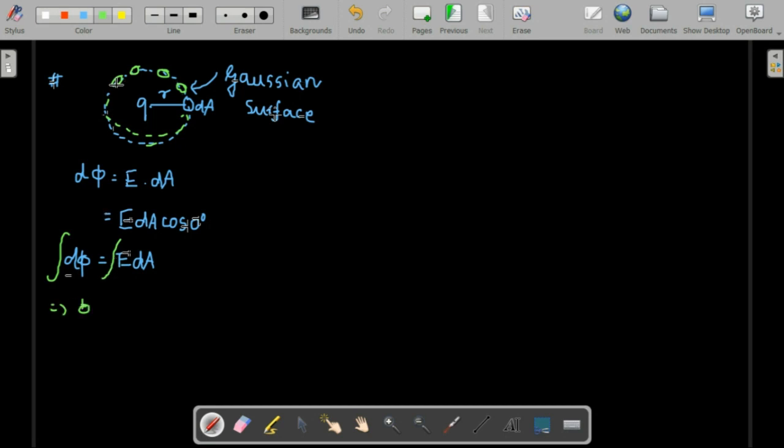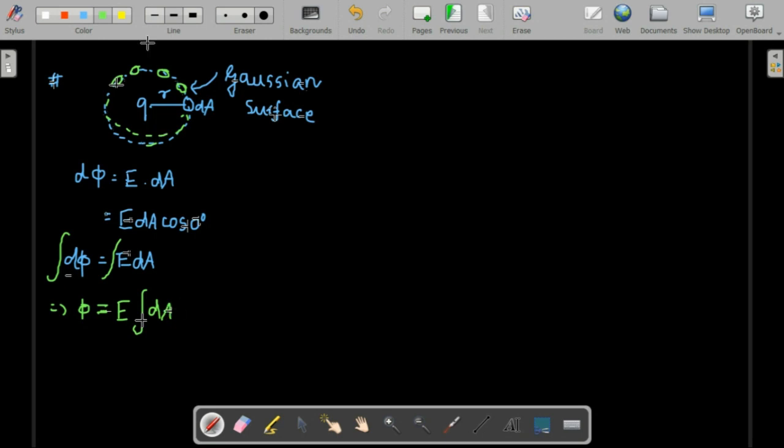So my total flux phi is equal to, now the electric field is uniform. Whether you take this small area, this small area, in all the directions, the electric field is uniform. In Gauss's law, it's important that we consider that at this point of time we are considering a uniform field. So I will take it to be E and the integration of dA.